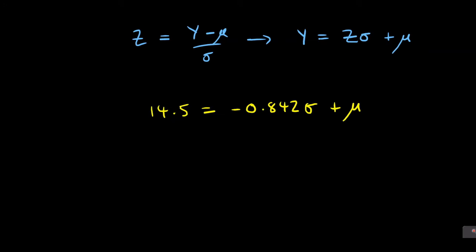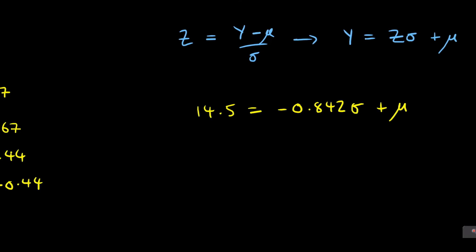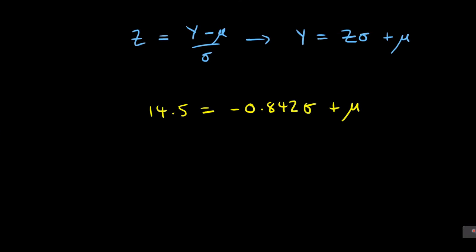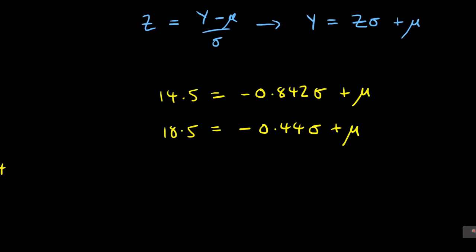And the second equation, our Y value is 18.5. So here we've got 18.5 is equal to our Z value, which was negative 0.44, if I remember right, times sigma plus mu. Let me just confirm that. Yeah, it was right.